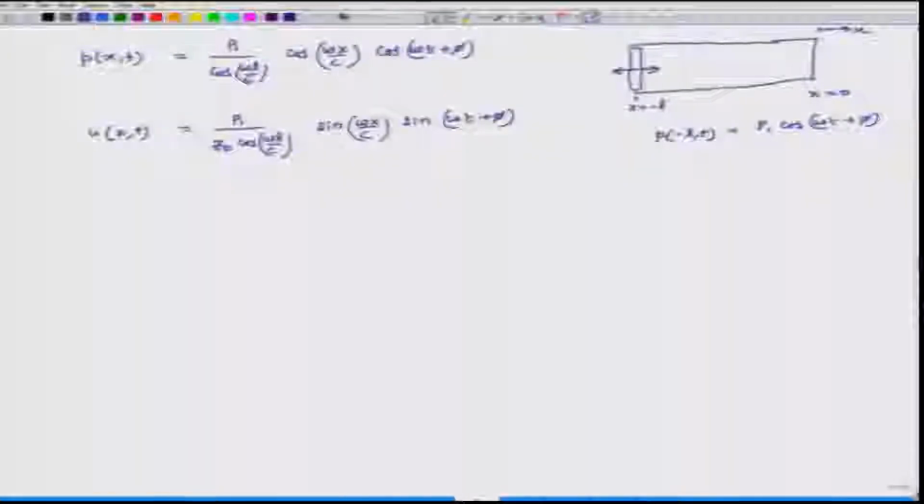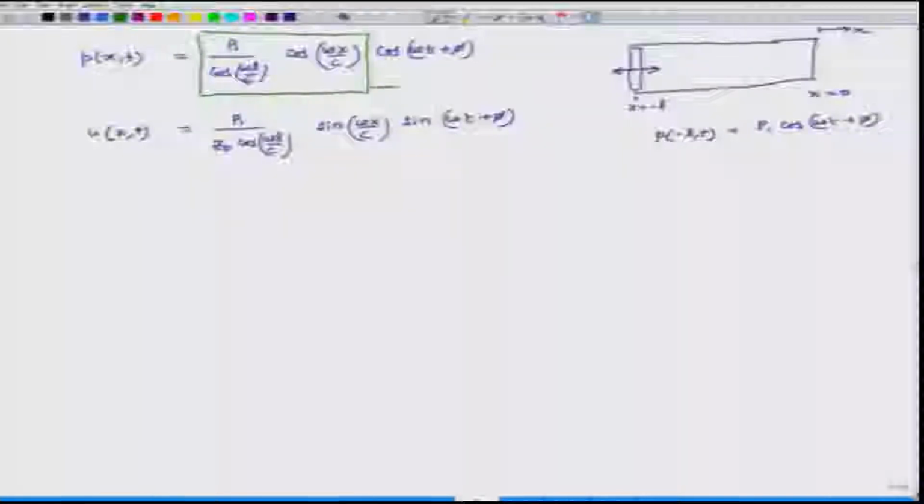Now, what we plan to discuss today is the physical meaning of these two expressions. So, the first thing I would like to say is that this term in green is called the envelope for the pressure.